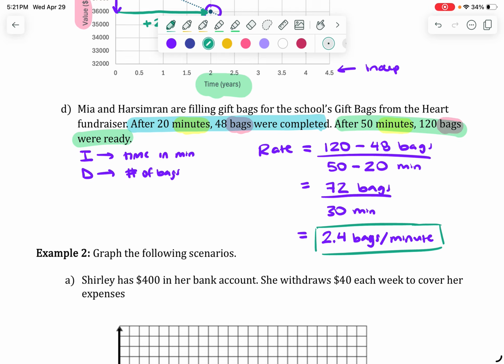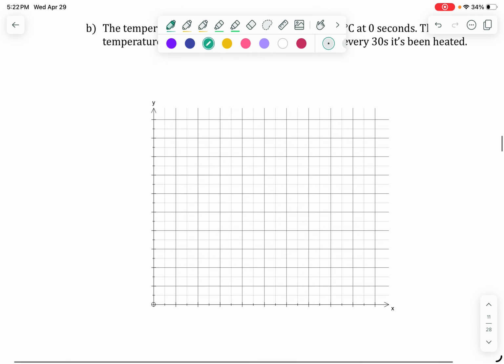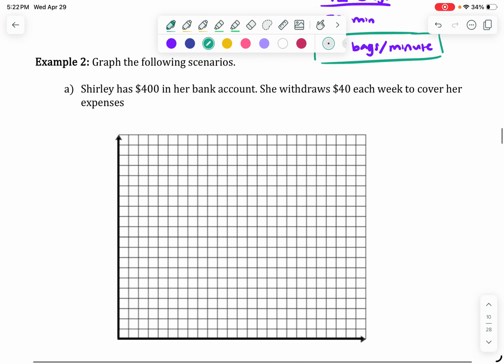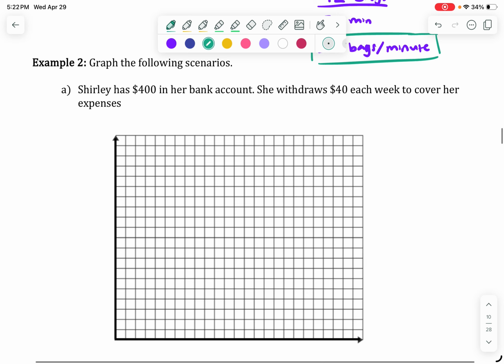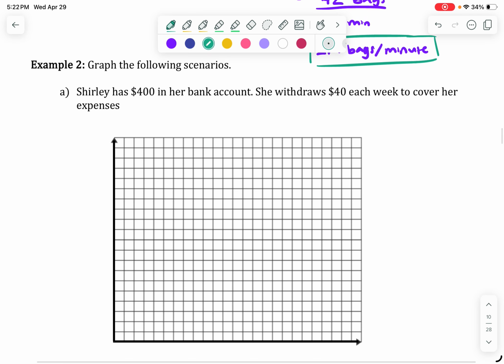Okay. Hopefully that went pretty well. We have an example left, an example that has 2 parts. And based on what you're probably imagining, based on what we see here, we are now going to graph some rates. So, first of all, we need to talk about how to identify a rate.